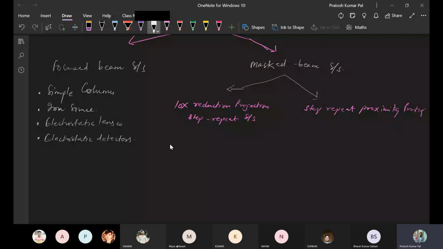Okay, in both of these types of systems, the disadvantage is the mask. The mask that we are going to use is brittle. This is the only disadvantage: the brittle mask is a weak point of this ion beam type of lithography.